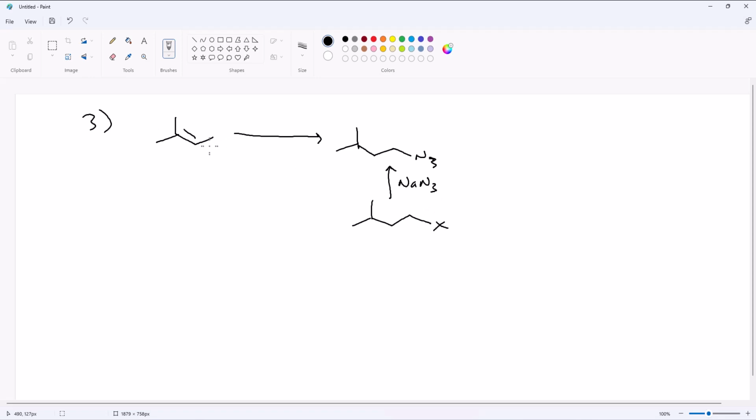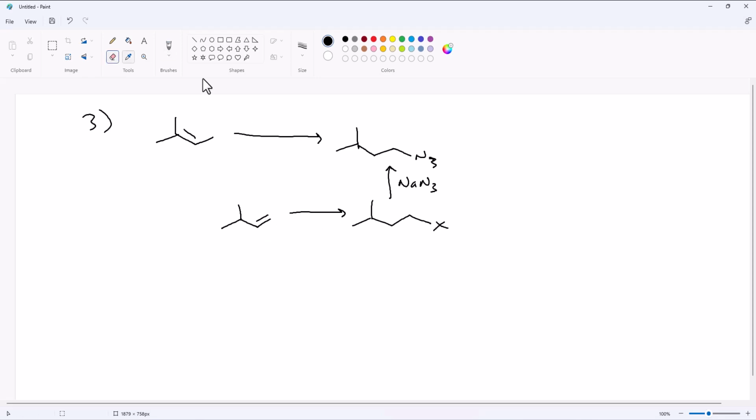So how do we get this from our starting material? What we've seen now is we can walk double bonds by doing addition reactions, elimination, addition reactions, elimination. So we've done an addition reaction, eliminated, then done another addition reaction. So this comes from this alkene here, because that's the only alkene this can come from.